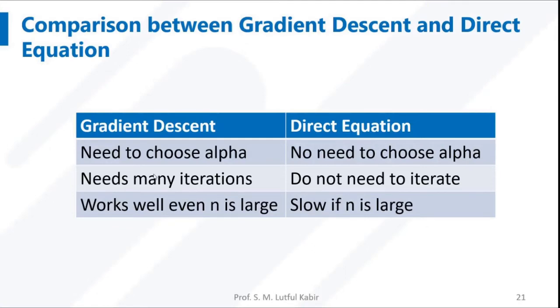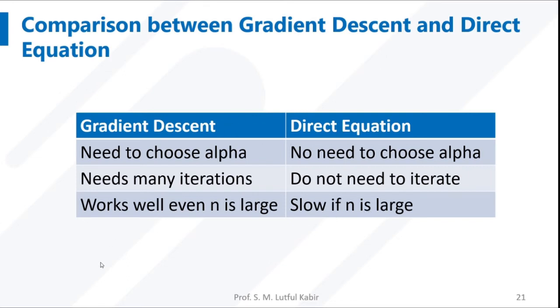Let us discuss the comparison between gradient descent and the direct equation. In gradient descent, you have to choose alpha because alpha is the learning rate, and the number of iterations or speed of convergence depends mostly on alpha. But in case of the direct equation, there is no need to choose alpha.